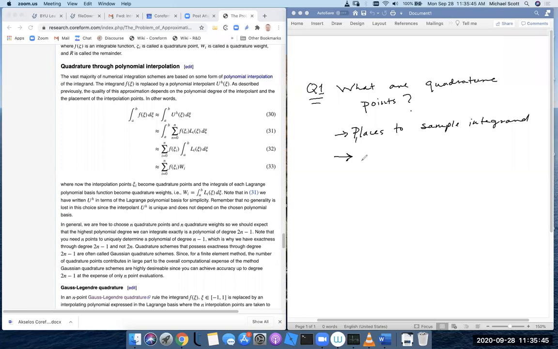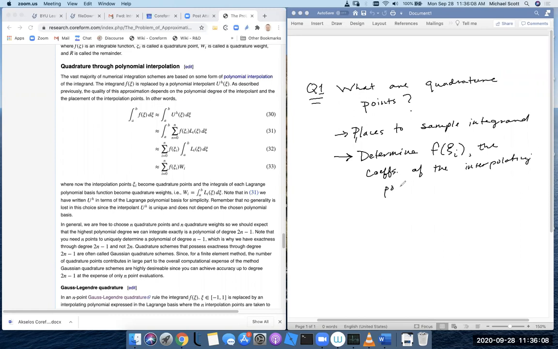Exactly. They're going to determine the f of x_i, right? Which are the coefficients of your interpolating polynomial. Yeah, thanks. That's a little more precise than what I said.